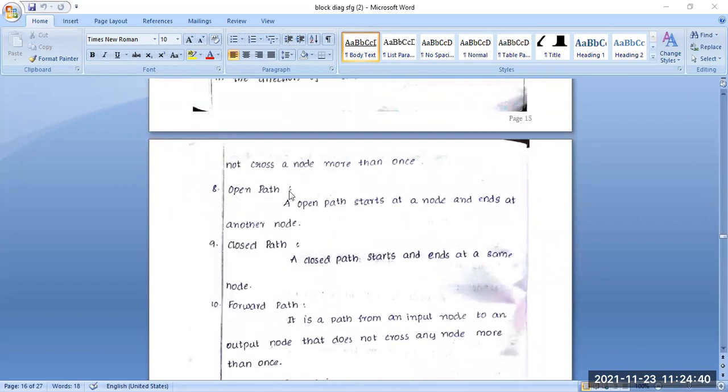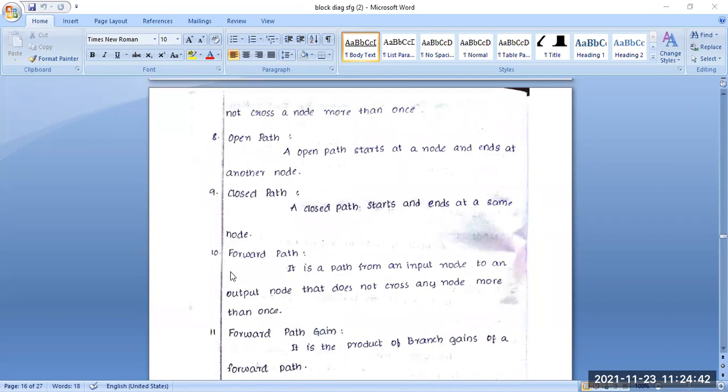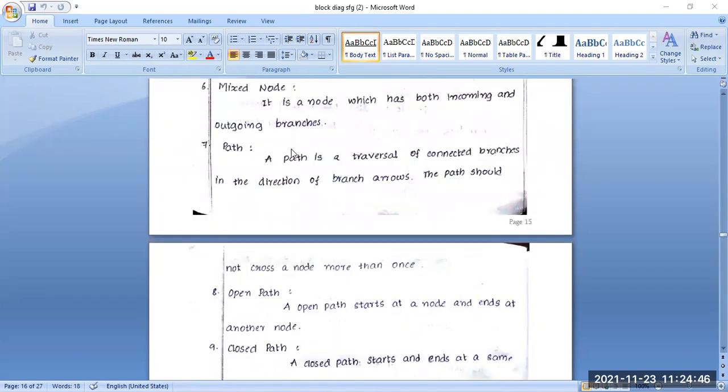This is open path, closed path, and forward path. So this open path is a traversal or travel method of connected branches in the direction of branch arrows. It is represented by the arrow symbol, and this path should not cross a node more than once.